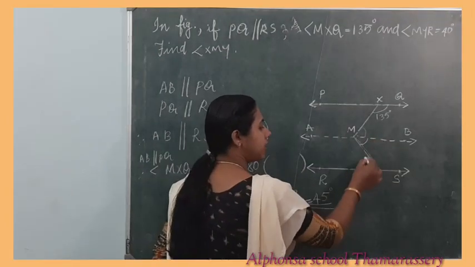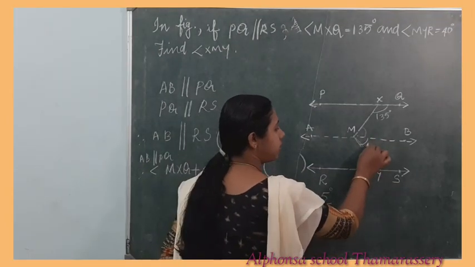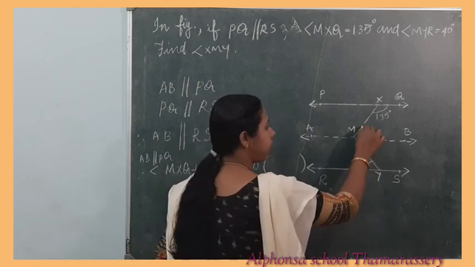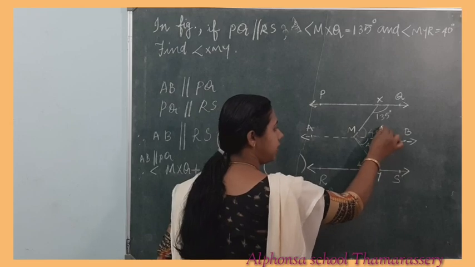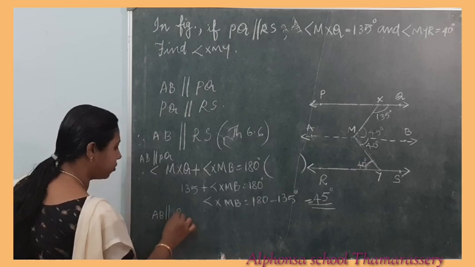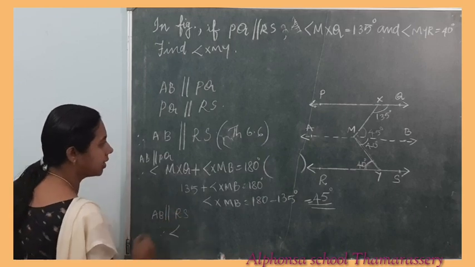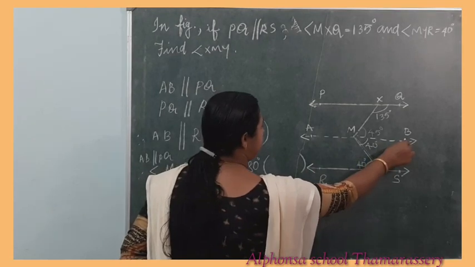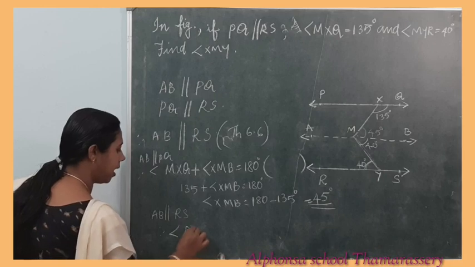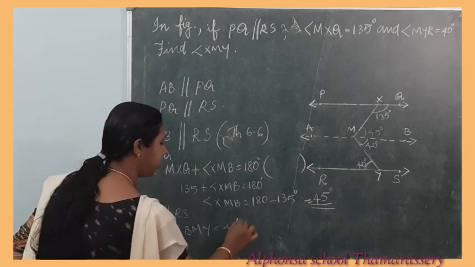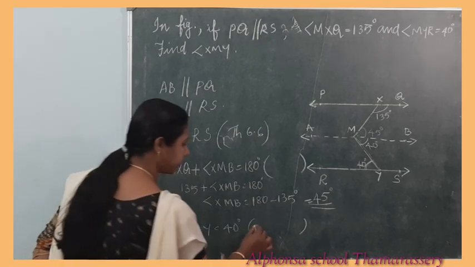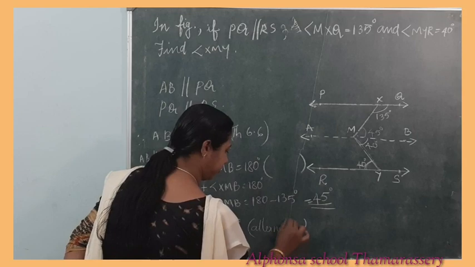So these two angles are equal, that is equal to 40 degrees. We found this angle is 45 degrees. So we can write AB parallel to RS. Therefore, angle BMY is equal to 40 degrees. Reason: alternate interior angles.